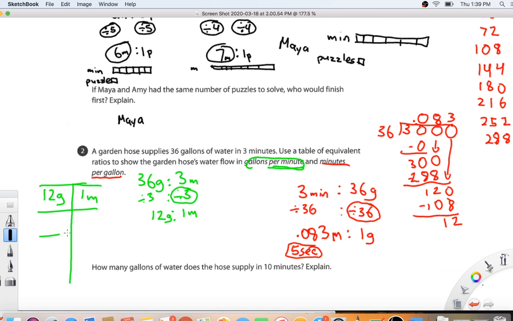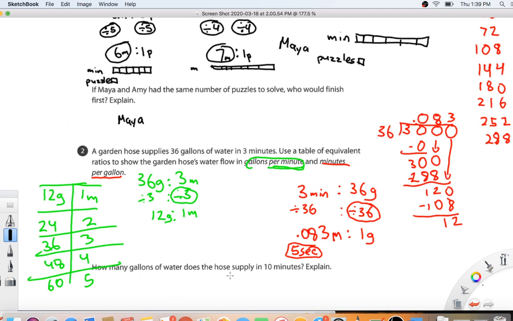So for example, at 2 minutes, at 3 minutes, at 4 minutes, you're skip counting by 12s. So this would be a ratio table of equivalent ratios that you can use to solve this question over here.